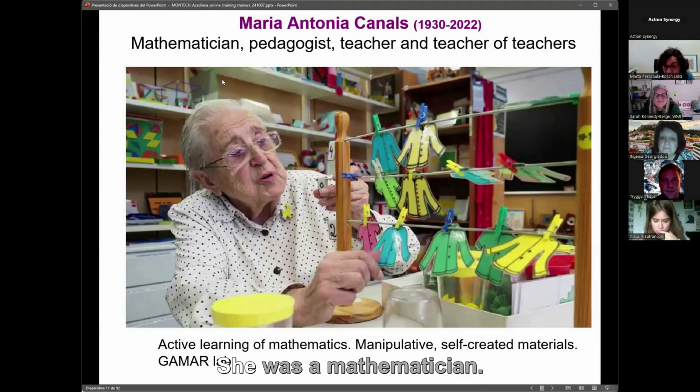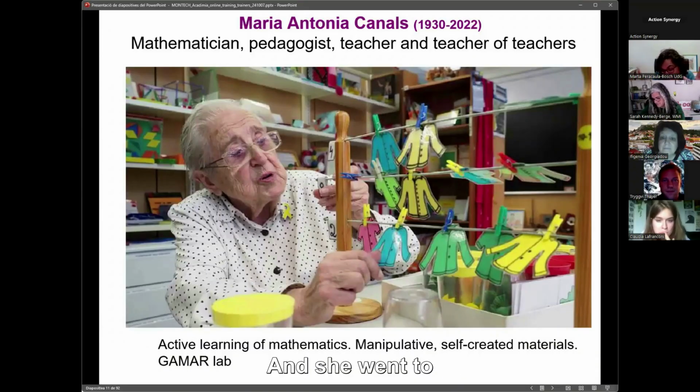She was a mathematician and also a pedagogist and a teacher, mainly a teacher. She was teaching in the 50s and the 60s in very, very disadvantaged communities, very vulnerable, with very many children that were newcomers in the Barcelona region.